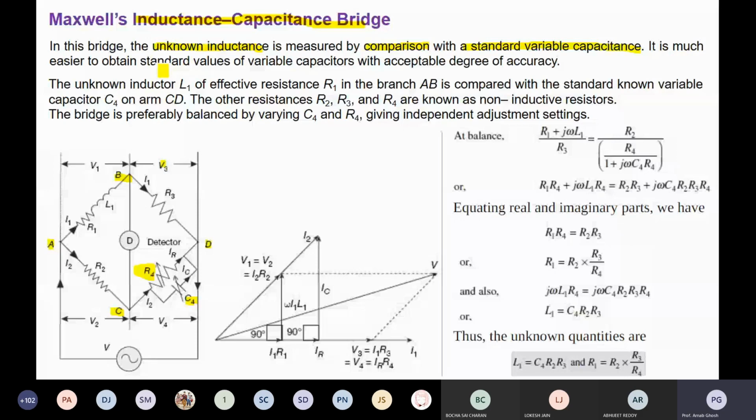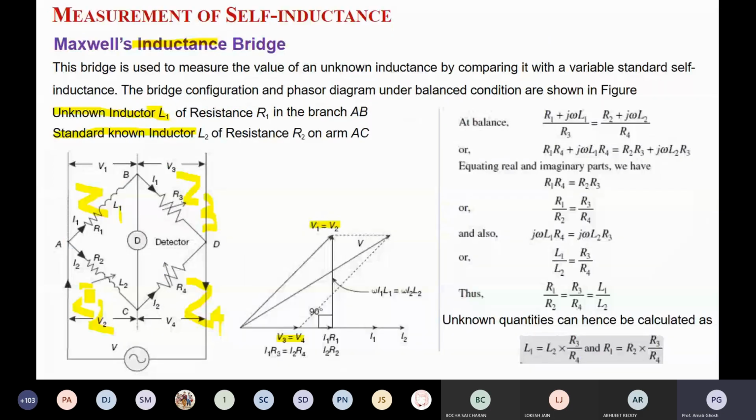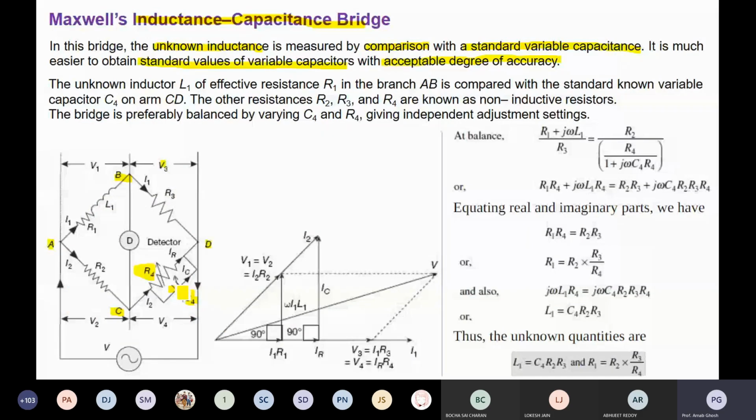What is the difference between the Maxwell inductance bridge and the Maxwell inductance capacitance bridge? In the Maxwell inductance bridge there is no capacitor across your R4, and you use one standard inductance in your arm AC. Here you are not using any standard inductor, because you are using one capacitor connected in parallel with your R4.